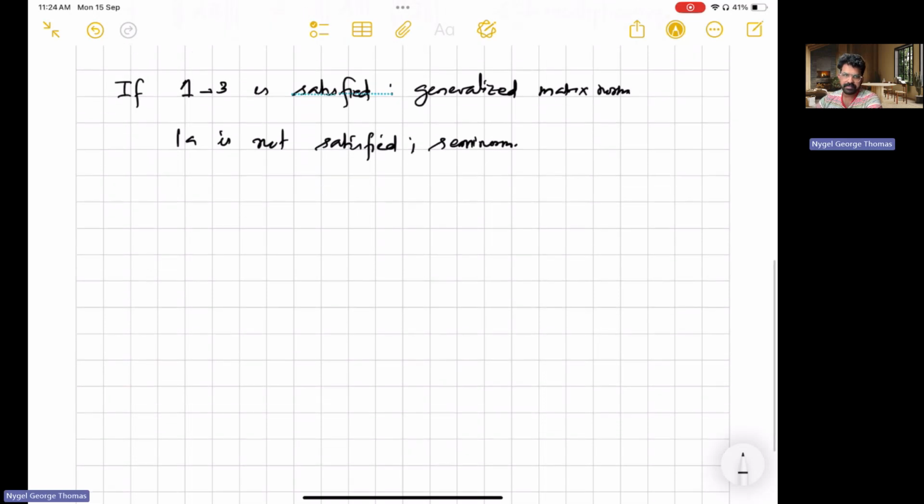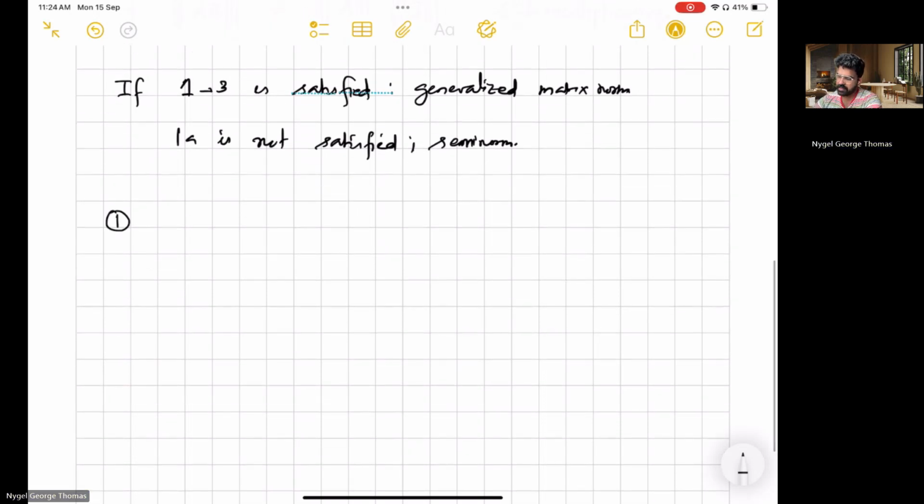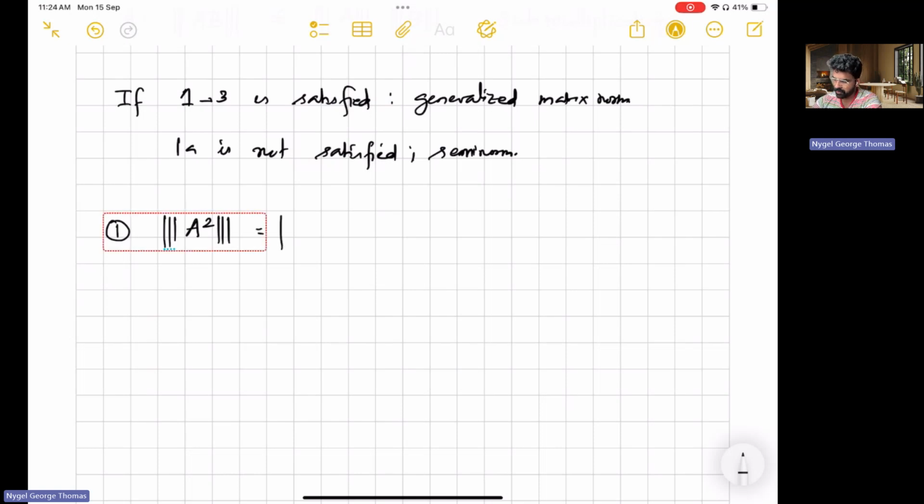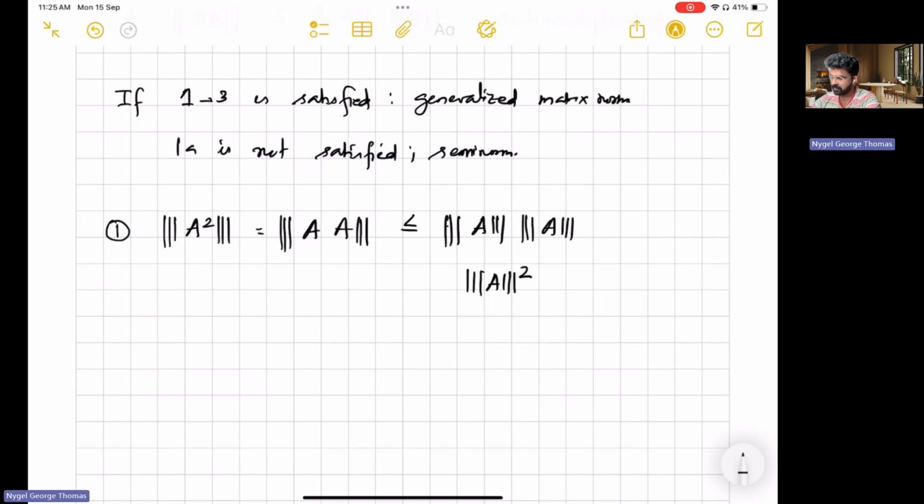First thing is, from submultiplicativity, we have norm of A squared, which is the norm of A into A, less than or equal to norm of A times norm of A, that is norm of A whole squared.